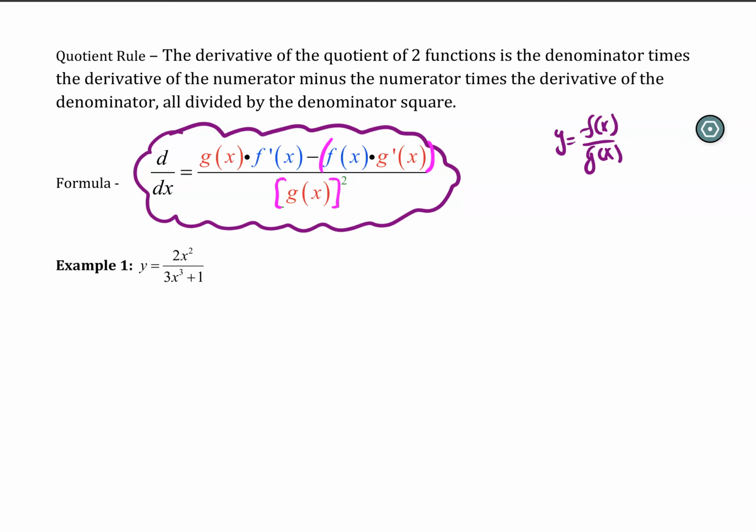So my g of x and its derivative I'll do in red, and the f of x and its derivative I'll do in the blue. So in this example, this is my f of x, and this is my g of x. So the derivative will equal, so I'm going to do the denominator, 3x to the third plus 1, just the way it is. And I'm going to multiply that by the derivative of the top.